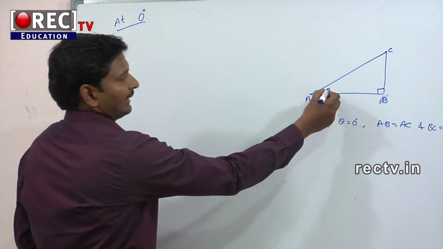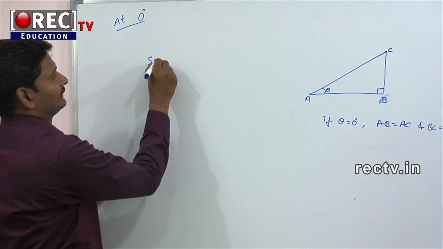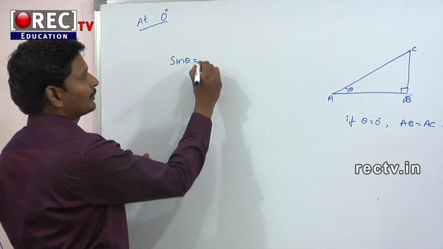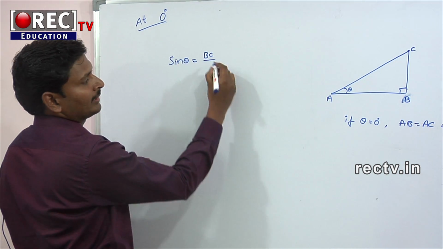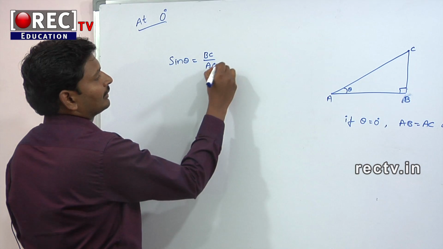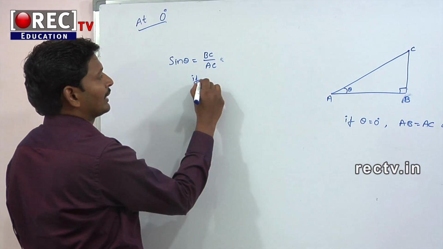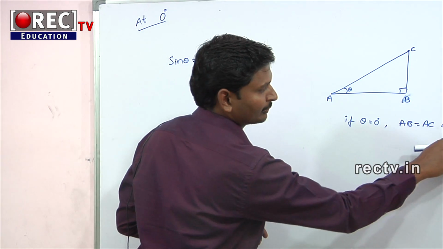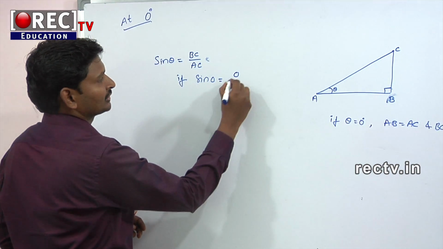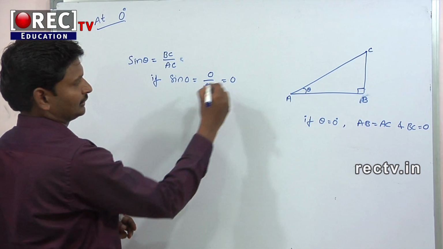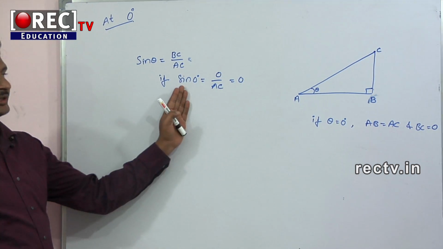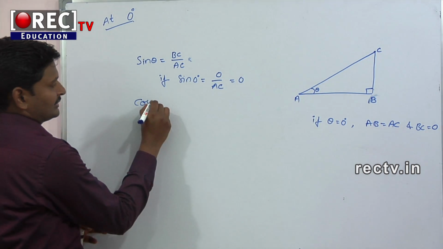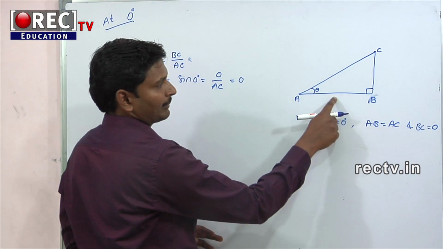So just consider sin theta. Sin theta is equal to opposite side divided by hypotenuse. What is opposite side? BC divided by hypotenuse AC. If theta is equal to 0, sin 0 is equal to BC value. If theta is equal to 0, BC is equal to 0. 0 divided by AC, that is equal to 0. Therefore, sin 0 degrees is equal to 0. And next, cos theta is equal to adjacent side divided by hypotenuse.